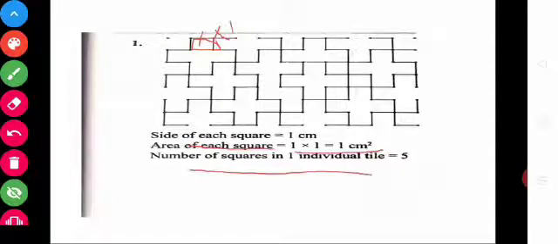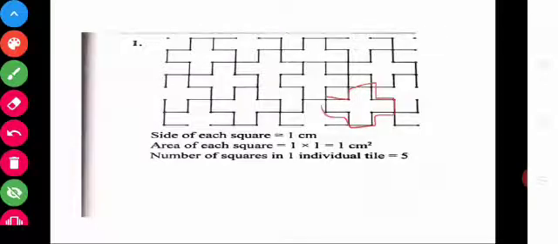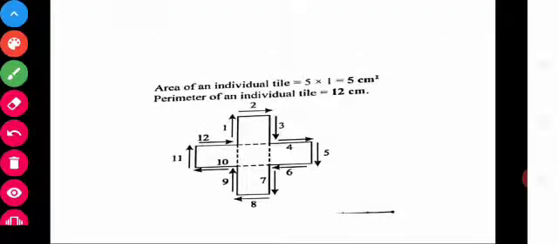Number of squares in one individual tile. Consider this tile. How many squares are there? 1, 2, 3, 4 and the middle one, 5. Number of squares in one individual tile is equal to 5. The area of an individual tile: that means 5 squares are there.